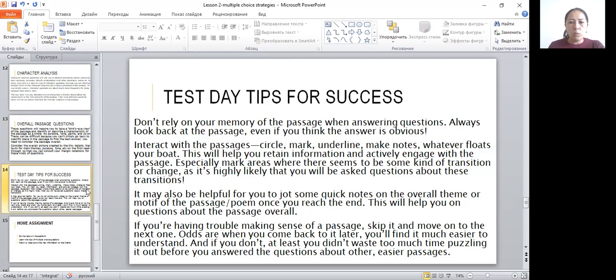Interact with the passage also. Keywords are very helpful for finding the answers. And if necessary, try to eliminate the answers which are not appropriate or very close to the question, for finding your answer.